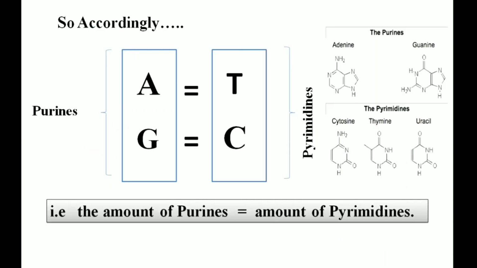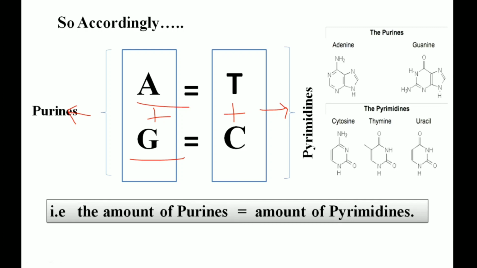Accordingly, he also meant to say that if adenine is equal to thymine and guanine is equal to cytosine, then adenine plus guanine is equal to thymine plus cytosine, isn't it? And we know that adenine and guanine together make the purines, and thymine plus cytosine together make the pyrimidines. And what are these purines and pyrimidines?